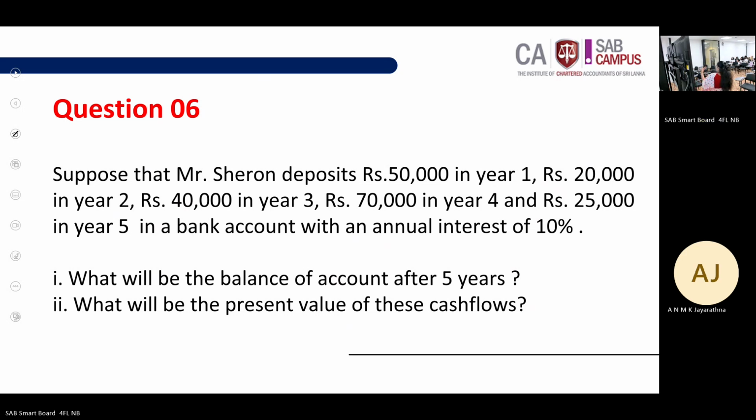Again, he goes to the bank and deposited 20,000 in year 2. In the third year he deposited 40,000. In the fourth year he deposited 70,000.